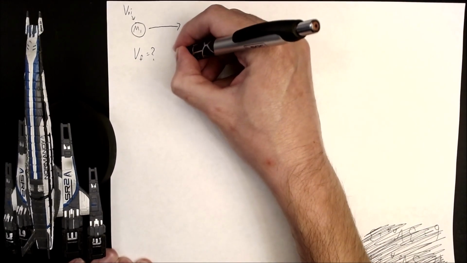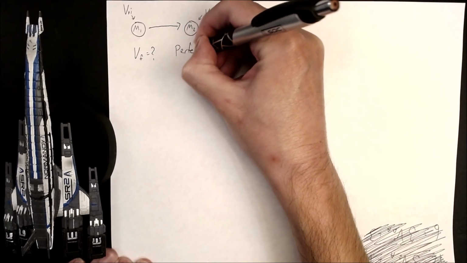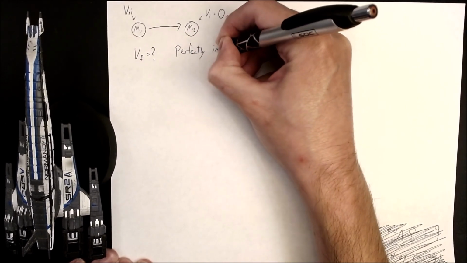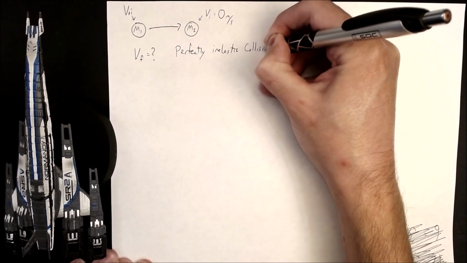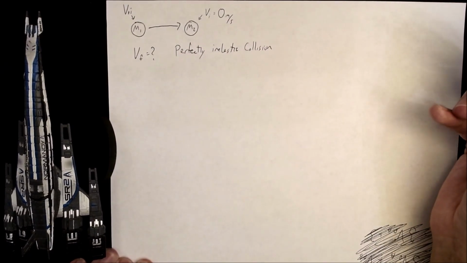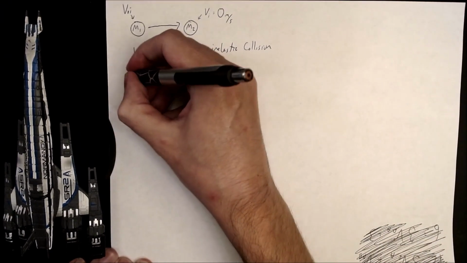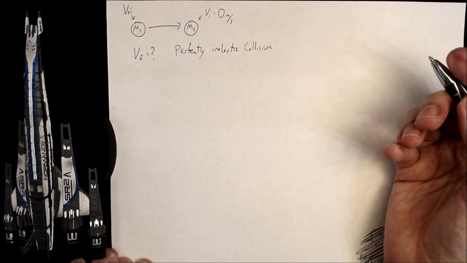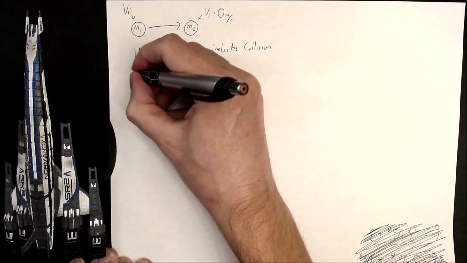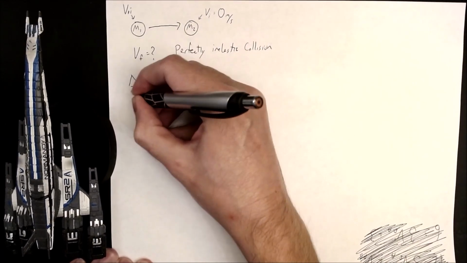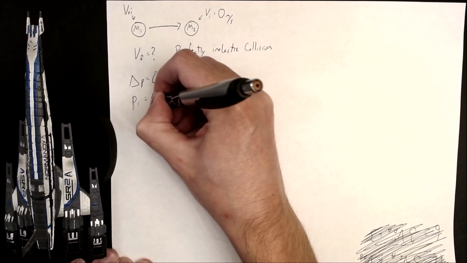So this is for a perfectly inelastic collision. Okay, well, we know that because this is a collision problem, we're definitely going to have to use conservation of momentum. So delta P is equal to 0, P initial is equal to P final.